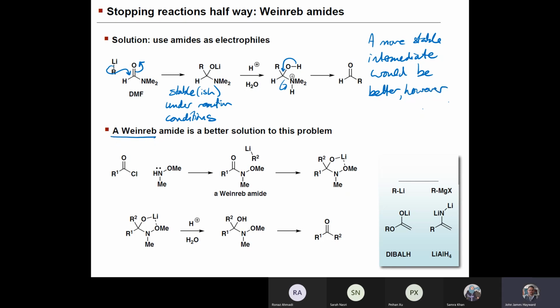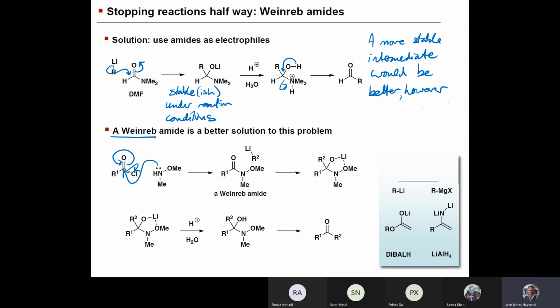And Stephen Weinreb came up with a solution for this, okay? And this is referred to as a Weinreb amide for obvious reasons. So you start from an acid chloride and you substitute off the chloride, and you get this methoxyamide shown here called the Weinreb amide.